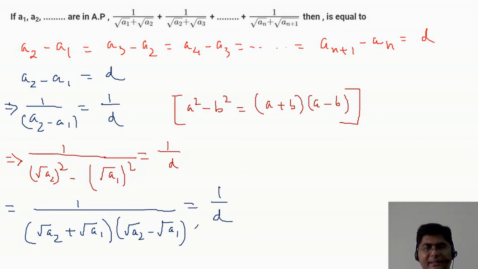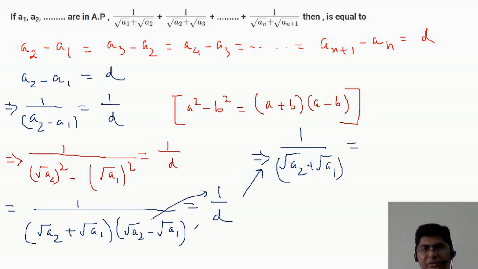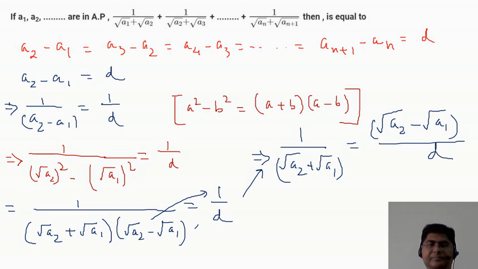If we rearrange, 1 by (root a2 plus root a1) is equal to (root a2 minus root a1) in brackets divided by d.